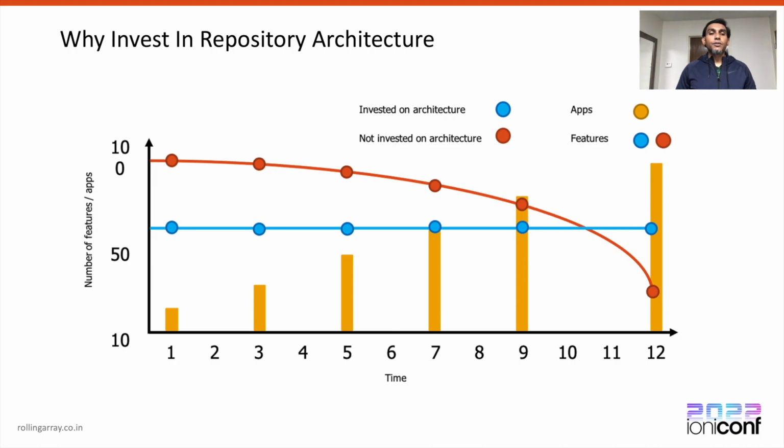So what we really need to get into is the blue line mode, where even though our requirements are increasing, are complex in nature, and are applicable to multiple applications at the same point of time, our go-to market time is still less. That's where you would think about investing your time in building the right kind of repository so that it helps you achieve your goals.